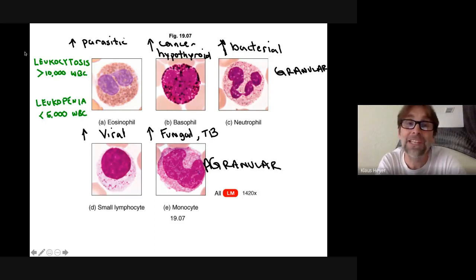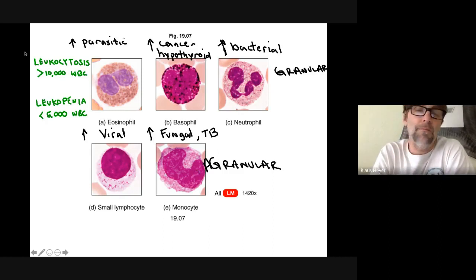But I would say 10 years ago, they would do a CBC and they would still look at your white blood cells. So is it high neutrophil or high lymphocyte? And that would give them a clue: is this bacterial? Should I prescribe antibiotics or should I hold off?